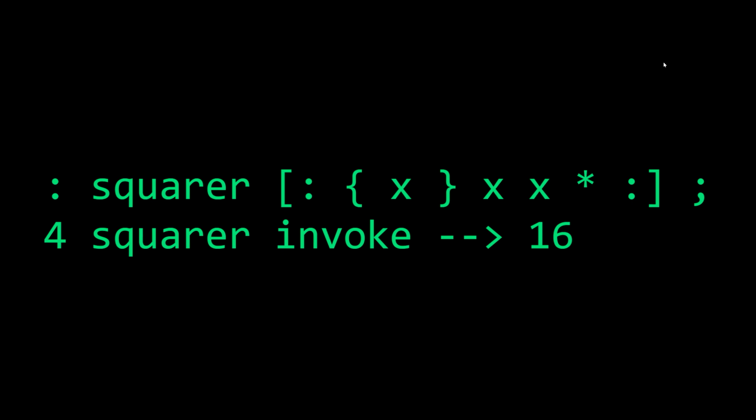In this particular case, this is just returning the squaring operation. Because the word execute assumes a conventional execution token, I decided to use a separate word to invoke a closure. So I call it invoke.